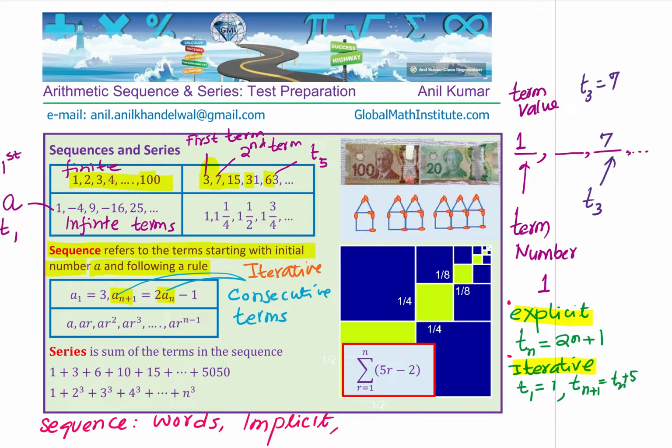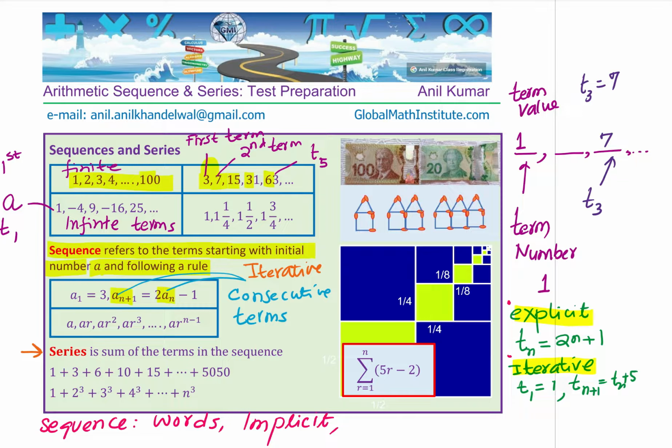So in this video, we are touching upon the broad areas of our interest, but we'll mainly focus on arithmetic sequences and series. Now let's get to this series part. So when we talk about series, it is addition of terms in the sequence. You get the idea. So series basically involves addition.